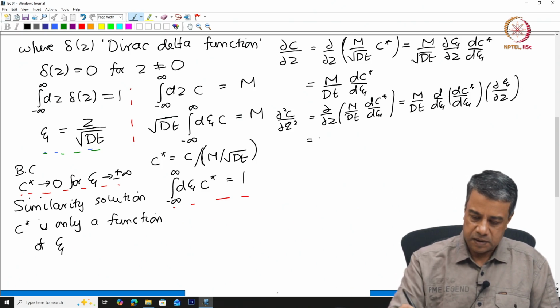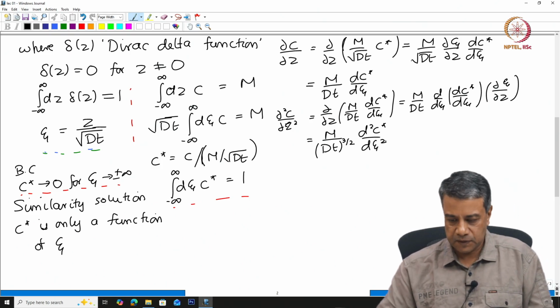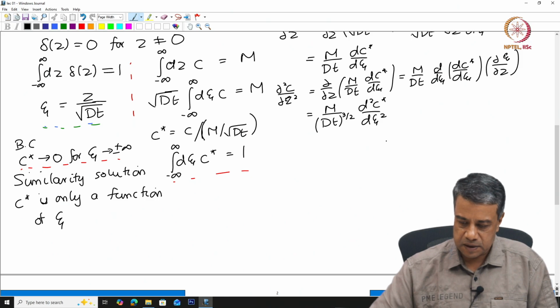This is equal to m by Dt to the power 3 halves times d square c star by d psi square. Differentiation using chain rule.